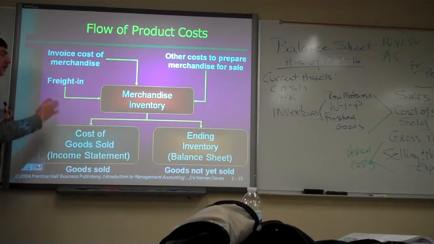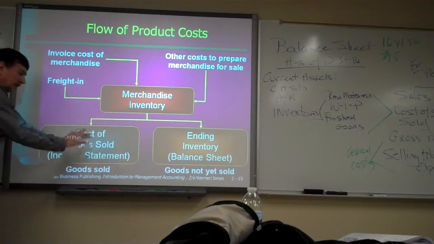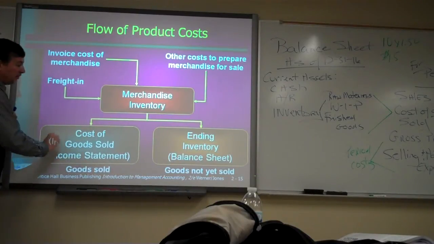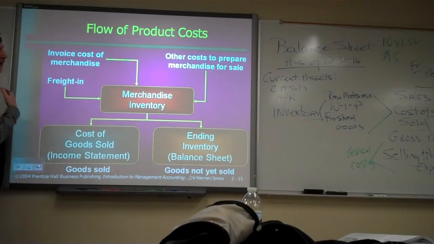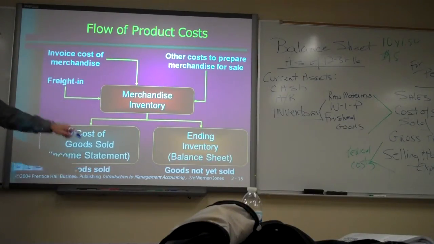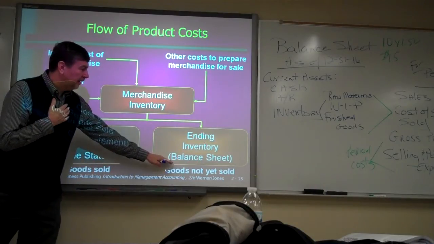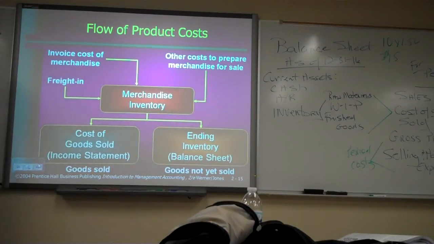Well, it's such a substantial number, and it's usually the largest expense. We don't want to mix it up with utility expense and salary expense, so it gets its own special name, cost of goods sold. So whatever it costs us to prepare that inventory, that goes to the income statement, and whatever's left over at the end of the period is on the balance sheet in our inventory account.